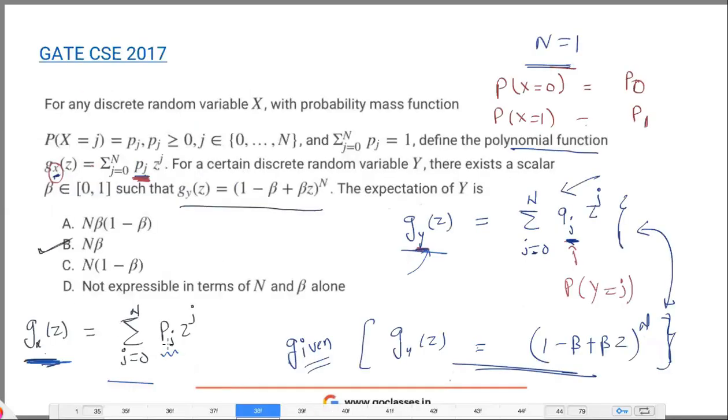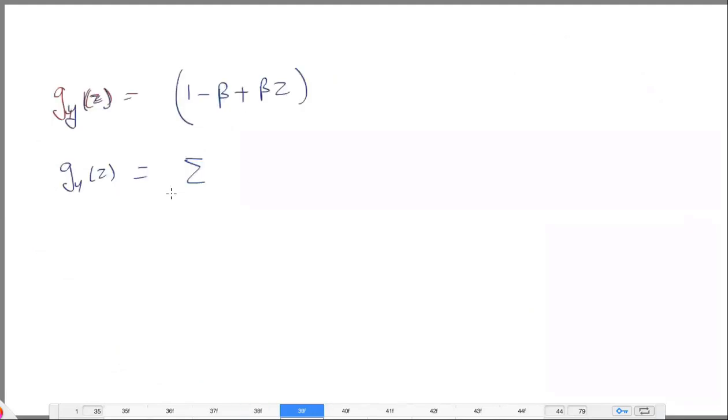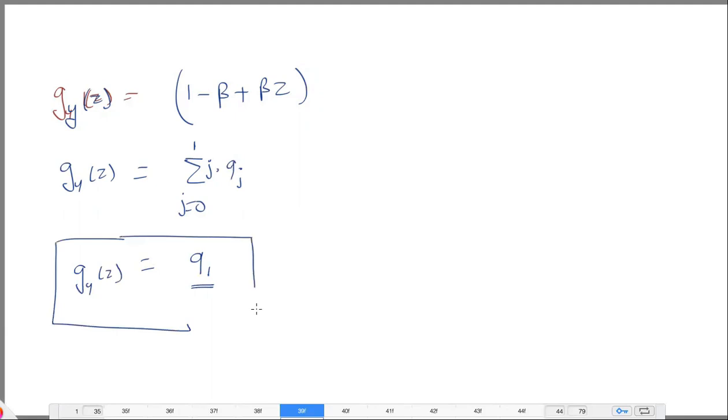So this is j equal to 0 to n, but n is 1, and then qj, which is the probability that y is taking value j, into qj basically. So it is just q1. It is just q1, right? Gyz is just q1, right? And then this is also gyz.